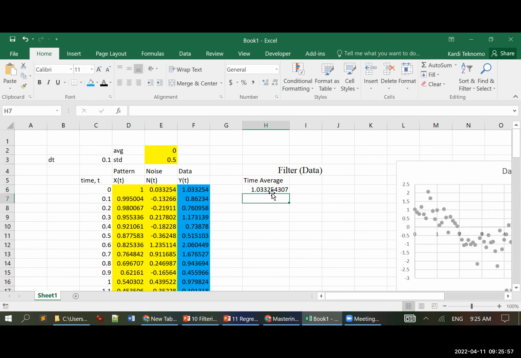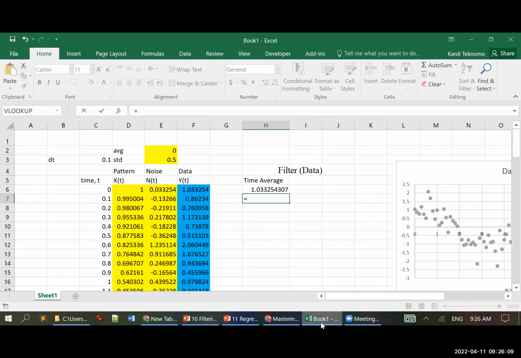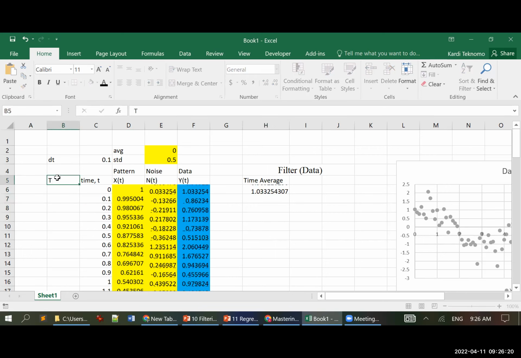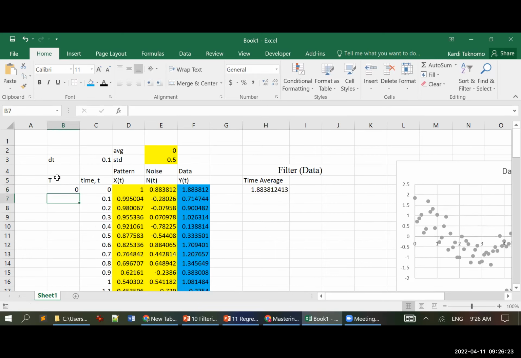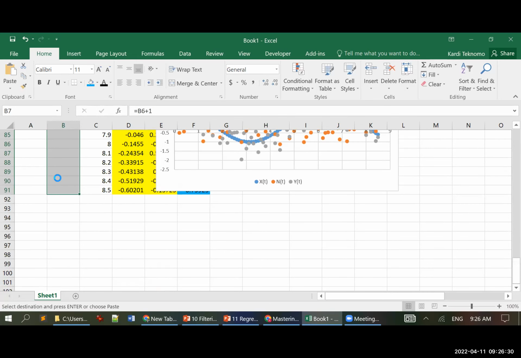Then the time average is t minus 1 divided by t. So I will have t, and this t is different. I will create a 0 here, plus 1. The t must be discrete, so I need to put it as discrete.